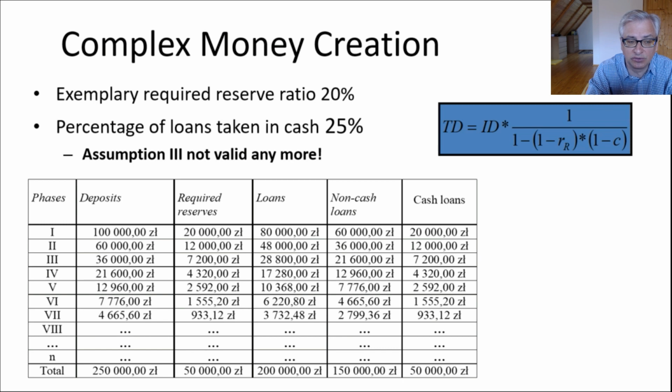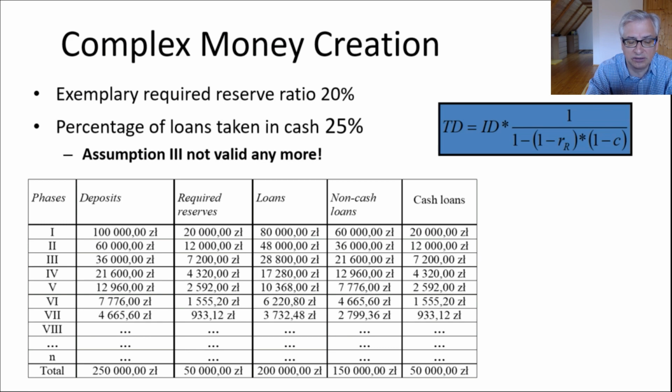The required reserve in phase 1 is equal to the cash loan in value. Like in phase number 2, the required reserve again is equal to cash loans. So you could say this money goes equally to required reserves and cash loans.